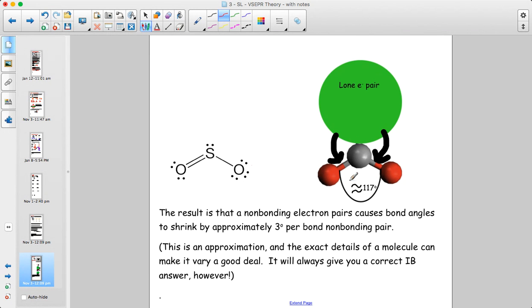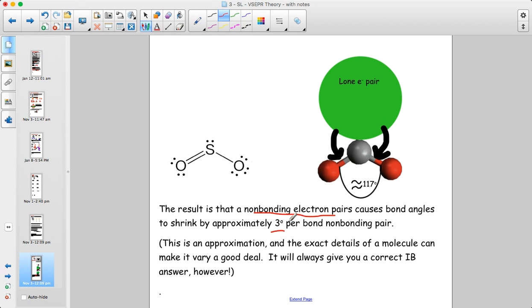Now, the exact bond angle is super hard to actually predict, and it has to be measured for all different molecules to know for sure what it will be. But as a general guideline, you can assume that for every non-bonding electron pair, the bond angle will get shrunken down and repelled closer together by about 3 degrees per non-bonding pair of electrons.